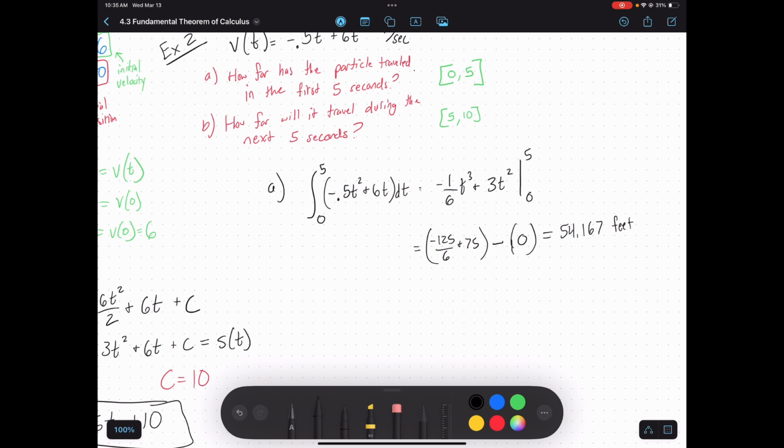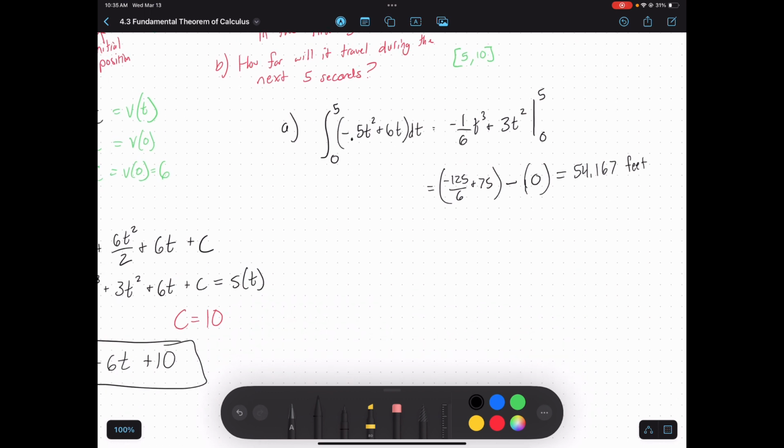For the next 5 seconds, I'm doing the exact same thing, except I'm just going to change the bounds a little bit. Now I'm going from 5 to 10. And what's nice is I've actually already found the antiderivative. Since I didn't change the function, the antiderivative is exactly the same, but now I'm evaluating it from 5 to 10.